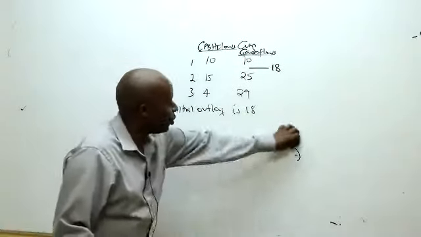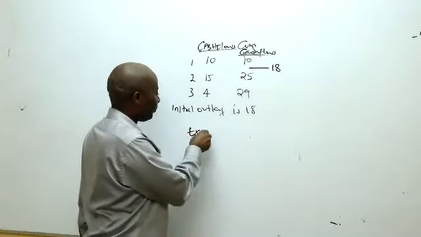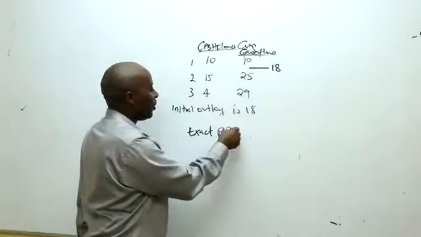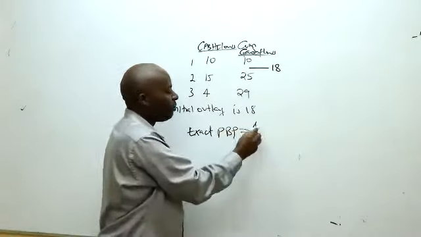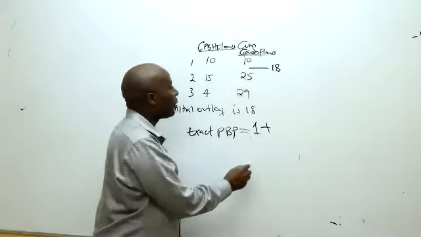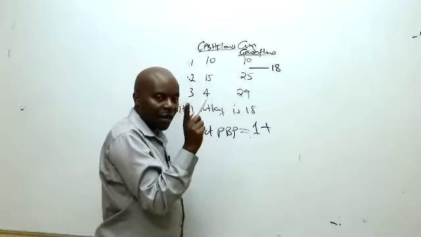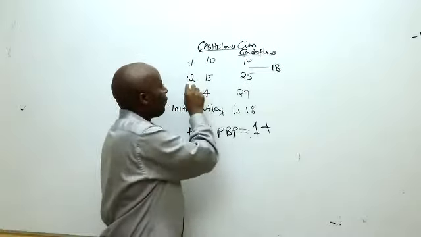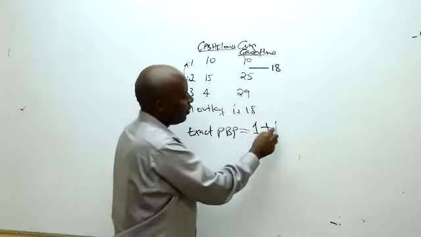What I need to do is say my exact payback period equals, since it's in between 1 and 2, I start with the lower period, which is 1, plus, between these two we have exactly 1 year, since 2 minus 1 gives me 1 year.